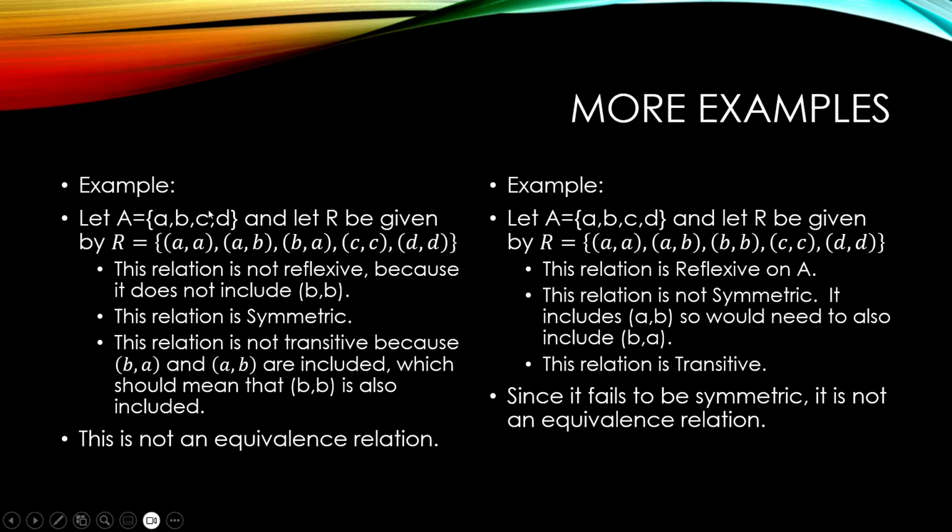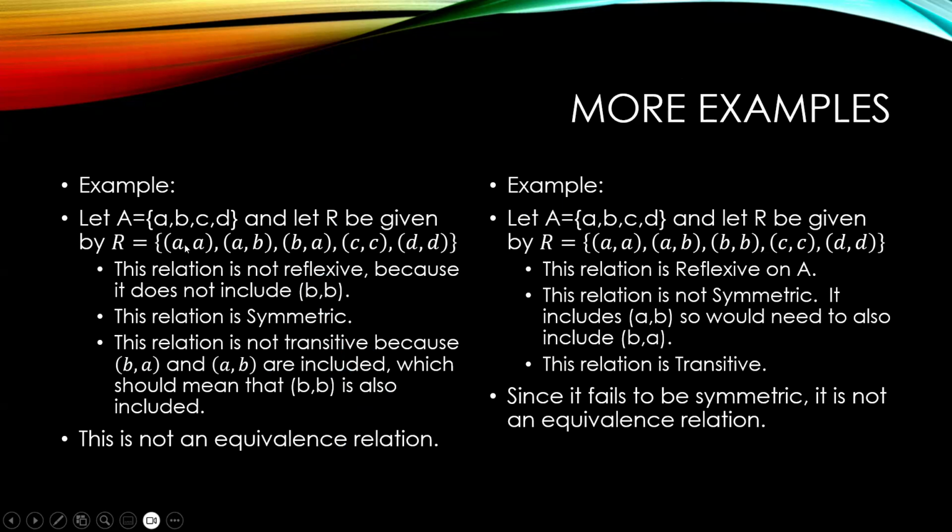It is symmetric because (a,b) and (b,a) are mirroring each other. But this relation is not transitive because (b,a) and (a,b) are included, so b turns to a turns to b. We should have (b,b) in here, but we don't. So this is not an equivalence relation because it's failing two of the properties that are needed.